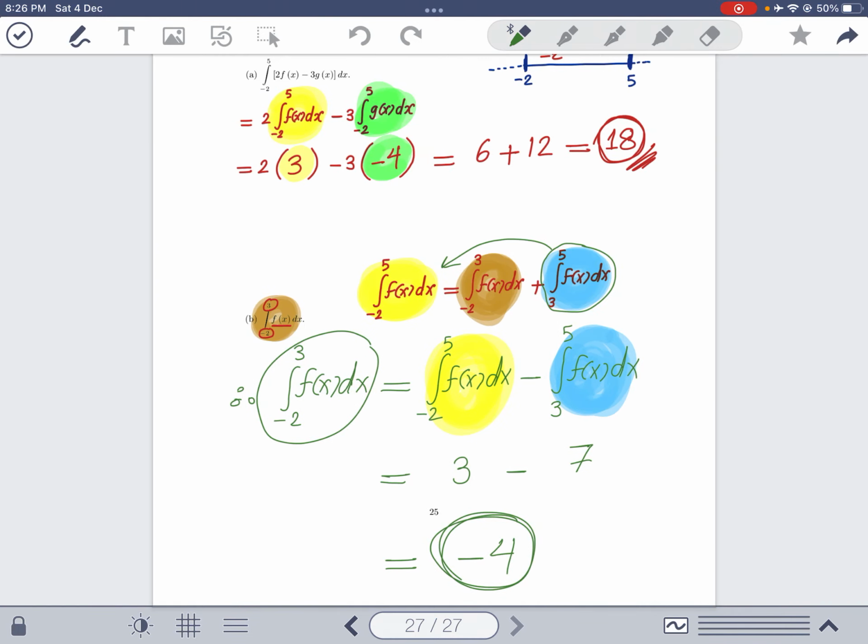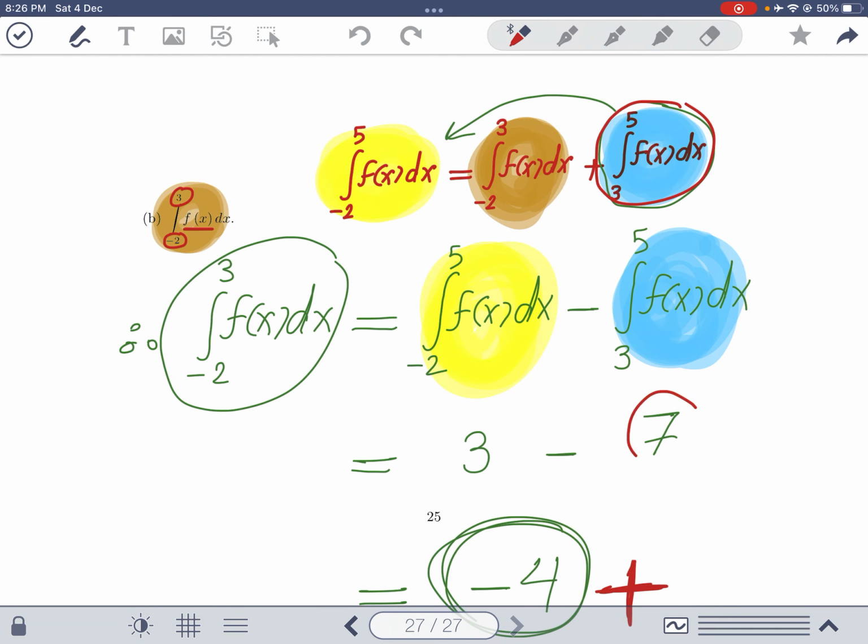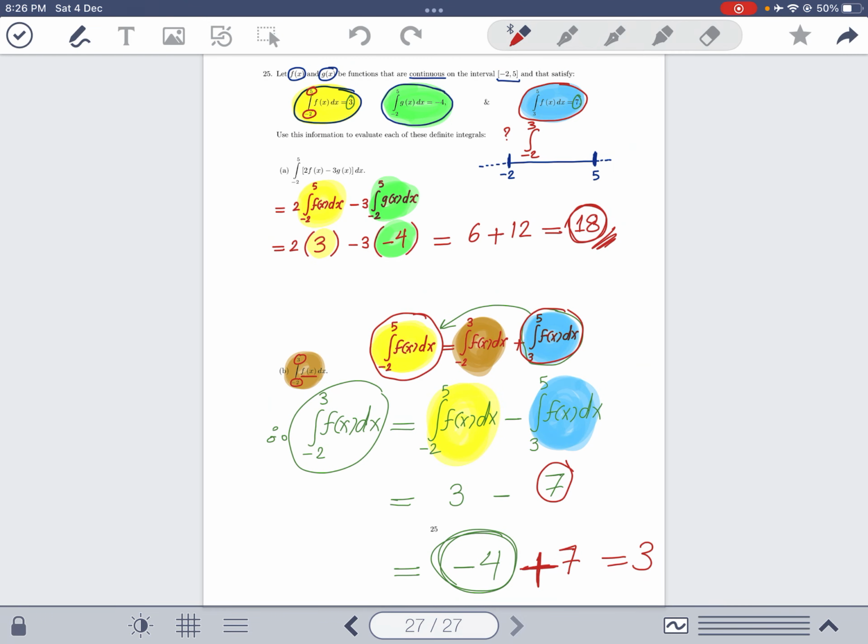Now remember, if you add this -4 to the integral from 3 to 5, which is 7, then you'll get 3, which is the entire integral. So I was just trying to check that the answer is correct if you move things the other way. This is a nice question. Remember it, and also always review the relationship between area and integral.